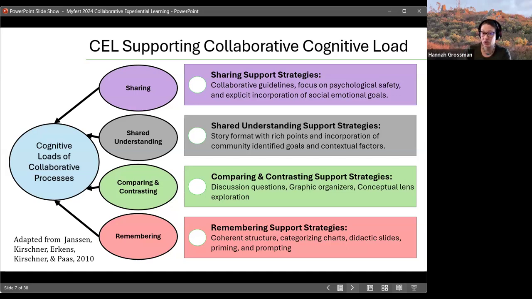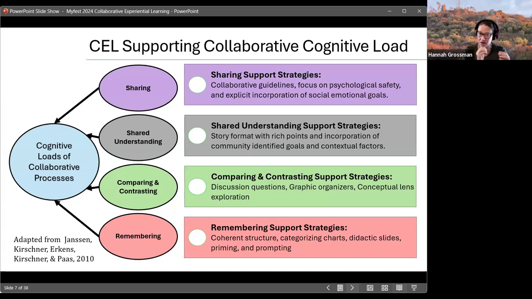Also, I like to explicitly incorporate social emotional goals as learning goals and learning outcomes of training. So at the very beginning, both the learning participants and the learning facilitators understand that the learning experience is not just content information, but also social emotional skills and strategies that are important for these complex interpersonal human-centered problems.